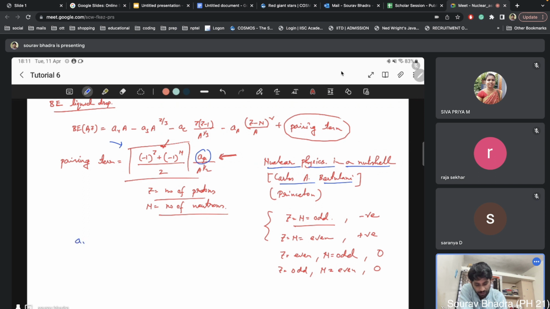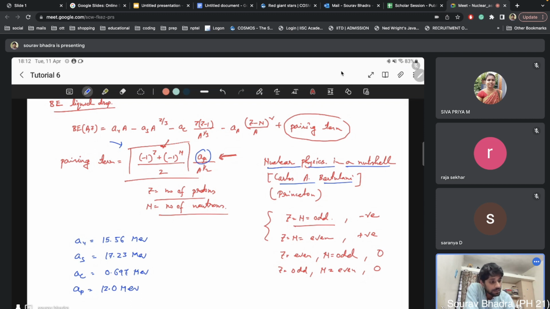You can note down those values: 15.6 MeV is the volume term constant, then the surface term constant, then for the Z into Z minus 1, that means the Coulombic term constant, 0.7, and a_P is 12.0 MeV. So a_P is the pairing term.